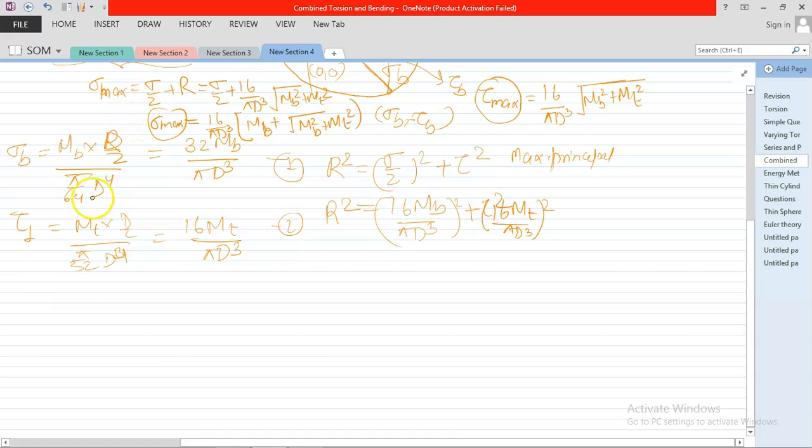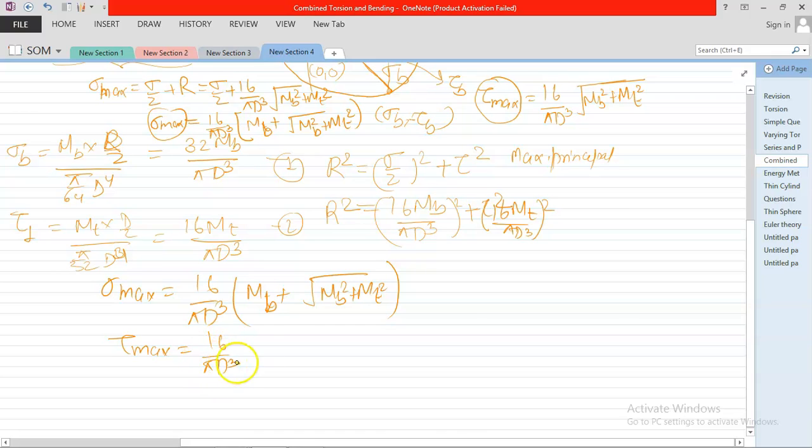I don't know why. So your sigma max would be 16 by pi d cube, Mb plus under root Mb square plus Mt square, and your tau max is 16 by pi d cube under root Mb square plus Mt square.